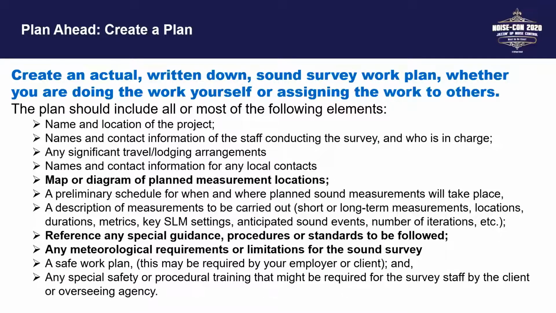You want to reference any special guidance, procedures, or standards that need to be followed. And you also want to define what meteorological requirements or limitations apply to the sound survey. For example, for most outdoor measurements, you don't want to do them when it's raining or even when the roadways are wet, or maybe even when there's snow on the ground or when the wind is above a certain level, and everything else on this list.